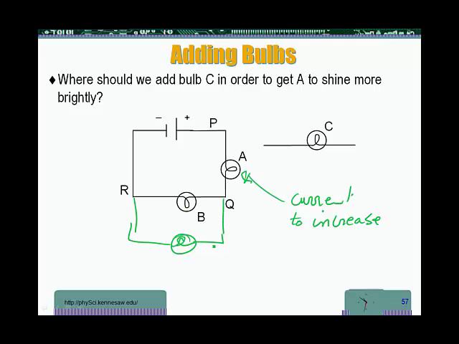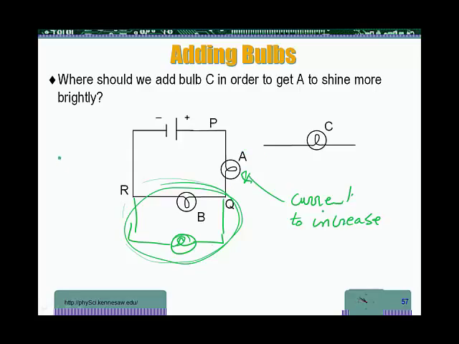By putting a light bulb in parallel with B, I'm decreasing the resistance here. I'm decreasing the overall resistance seen by the battery. So I'm going to have a larger current through A. Okay, again, to explain that.